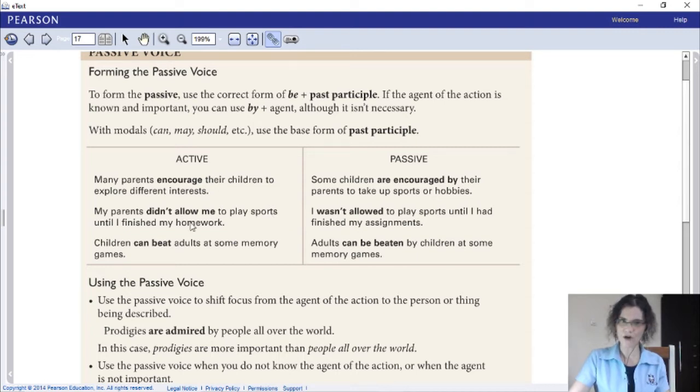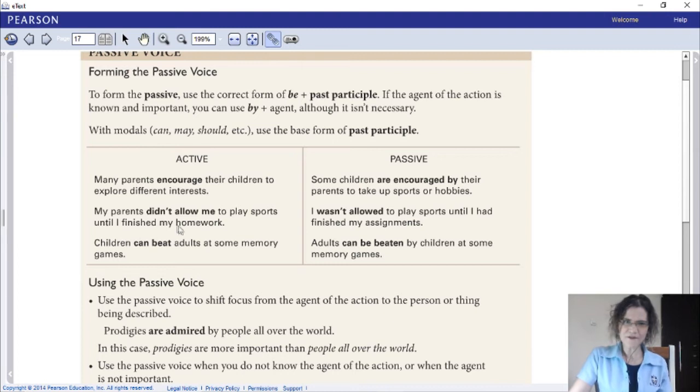Sorry, I said that totally wrong. Not the past perfect. Did not allow means it is the past tense. That's what I mean: do allow, do not allow, did not allow.